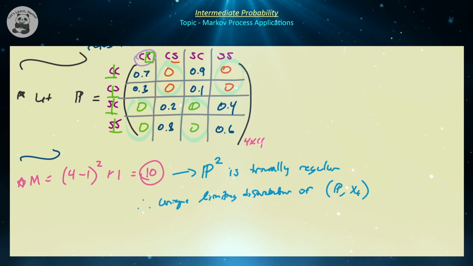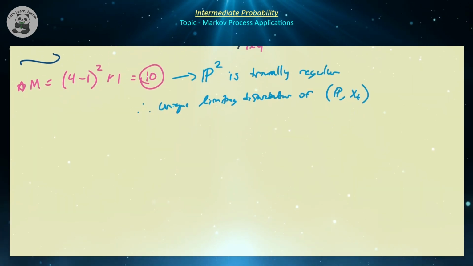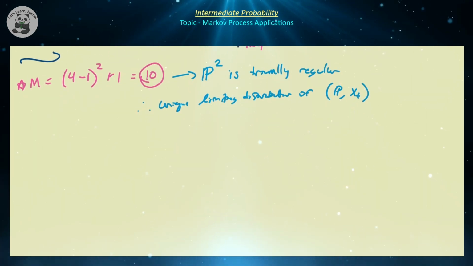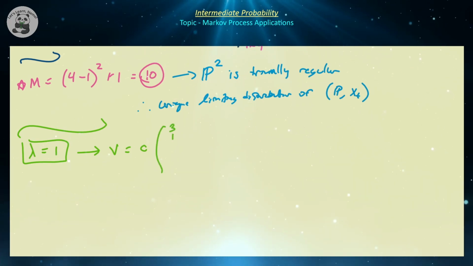So since we have a regular stochastic process or a regular Markovian process, the primary eigenvalue that you need to analyze for the long-term distribution obviously would be eigenvalue 1. So it's a stochastic matrix, so eigenvalue 1 is always going to be the case, and you can find that an associated eigenvector would actually be any scalar multiple of 3, 1, 1, and 2.